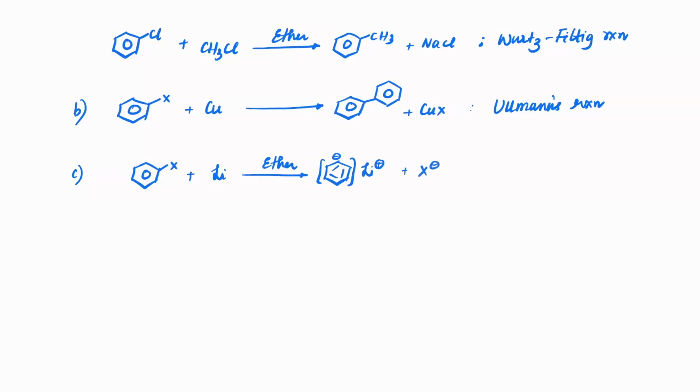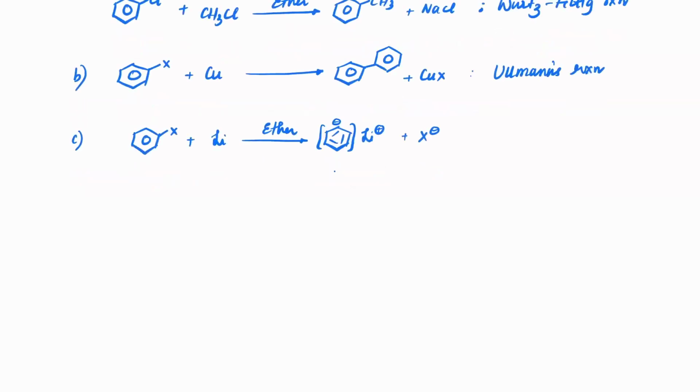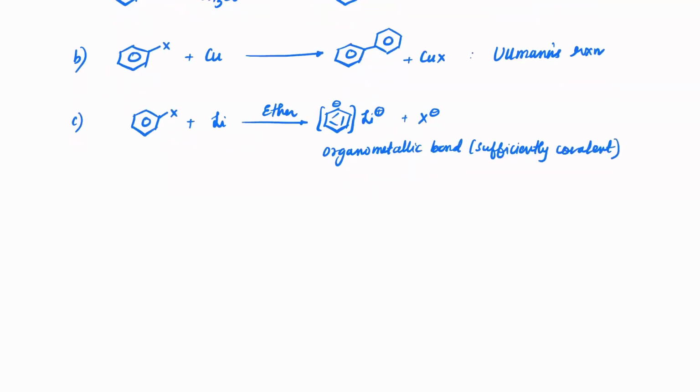Got it? So this will be an organometallic bond. Okay? Sufficiently covalent in nature. I have just written it as minus and plus, but it is not exactly minus and plus. There will be a bond on it.